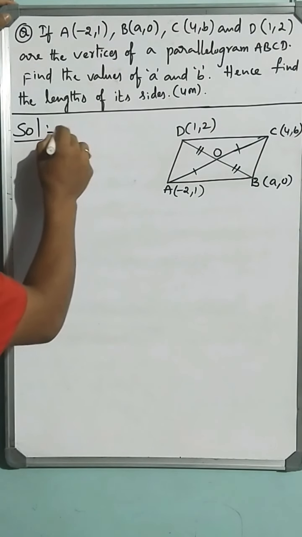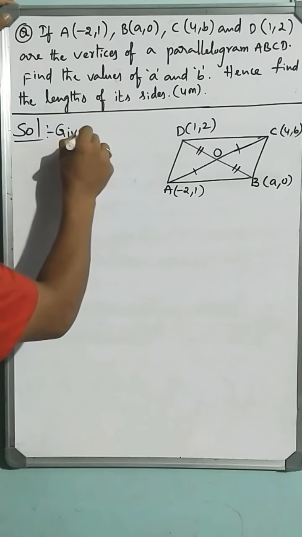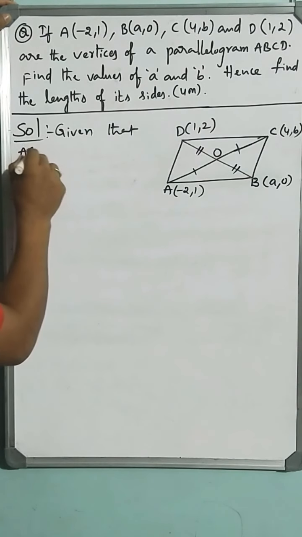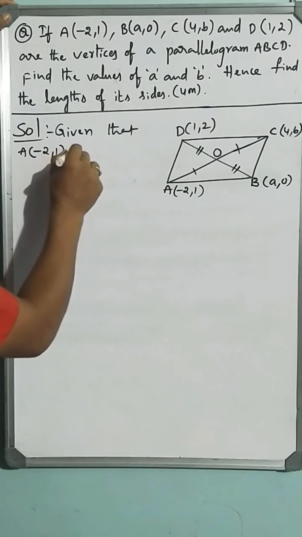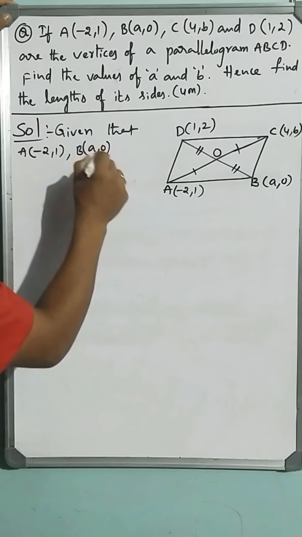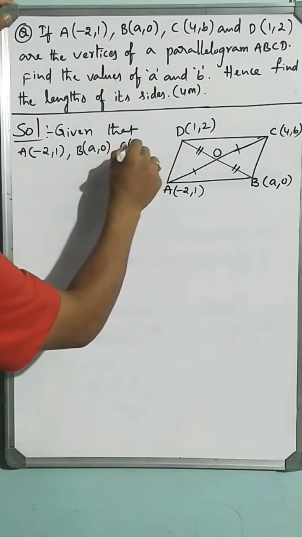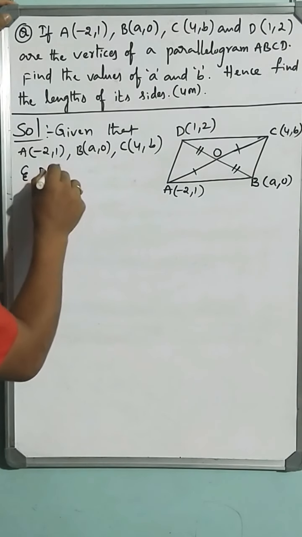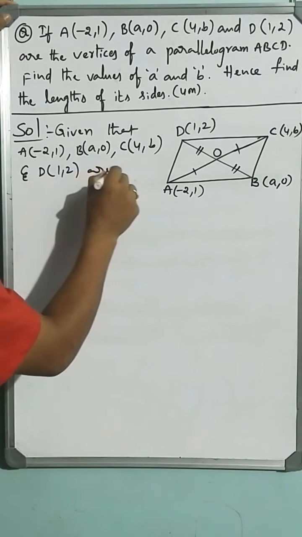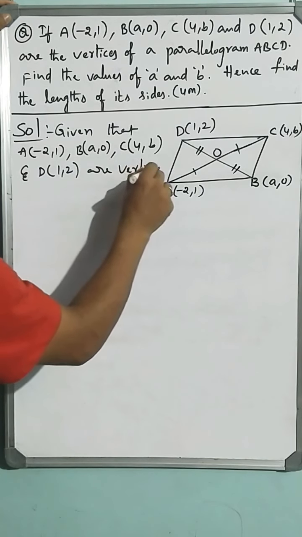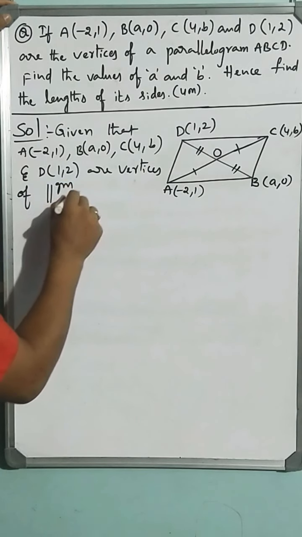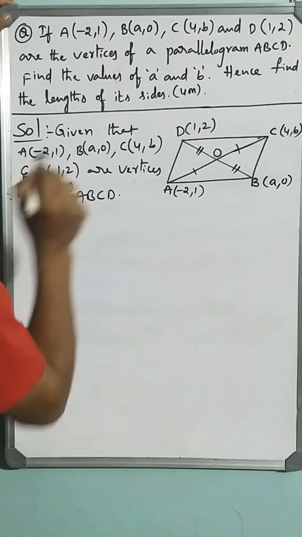Given that A(-2, 1), B(a, 0), C(4, b) and D(1, 2) are vertices of parallelogram ABCD.